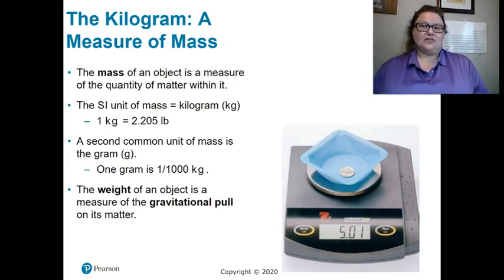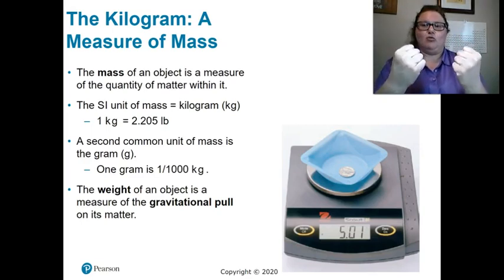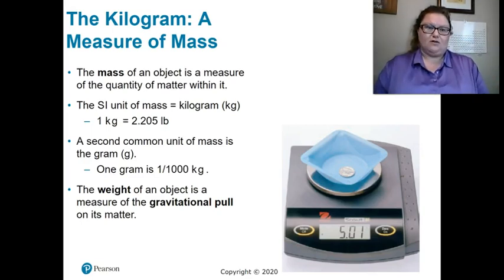Okay? You know that your weight here on Earth would be different if we went to the moon, right? So for example, you're going to weigh less on the moon. And that's because the gravitational pull on the moon is less than here on Earth. So on Earth, Earth is pulling you down more. You're going to have more of that force hitting the surface of the Earth that's measured as a greater weight.